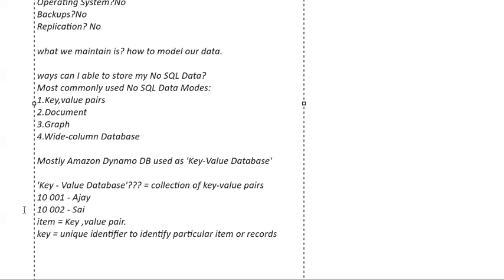How can we identify any item, or you can say any record? By using a unique key, you can identify an item or record. So can I say these items are nothing but my data? Yes. So how can you access your data? By using the key.